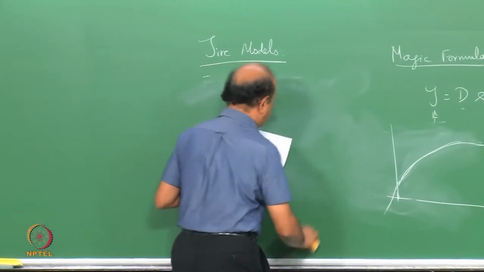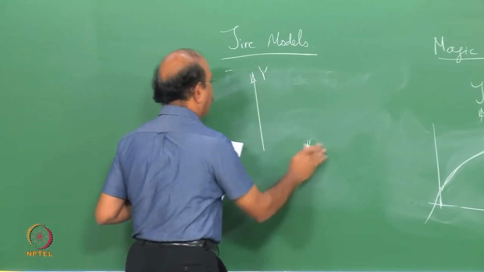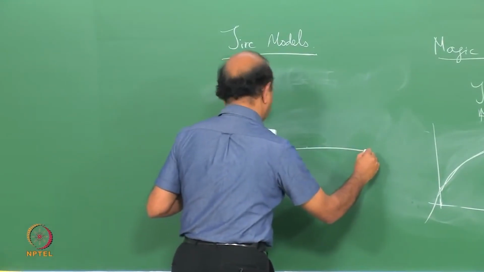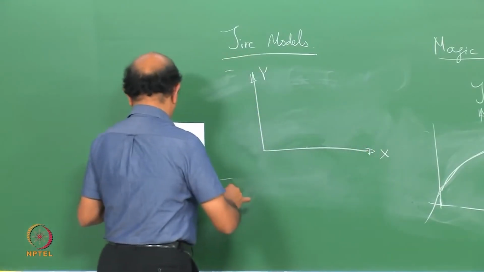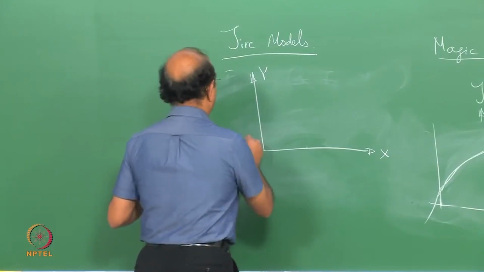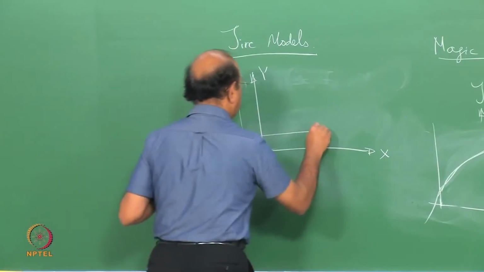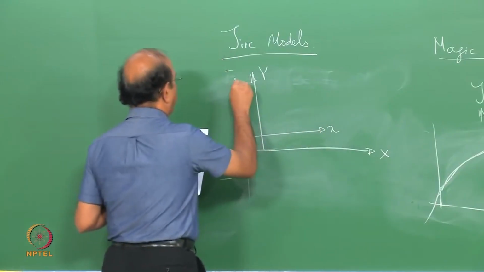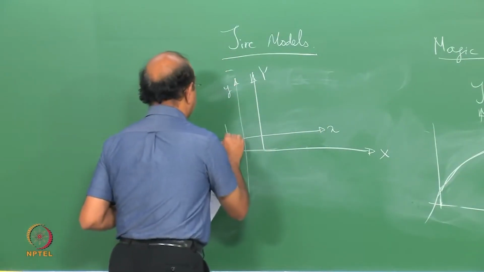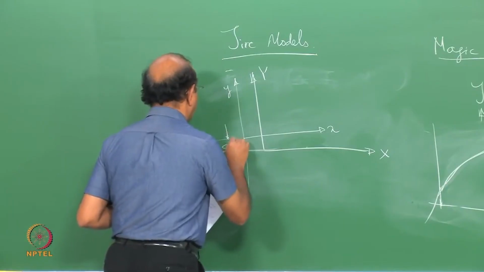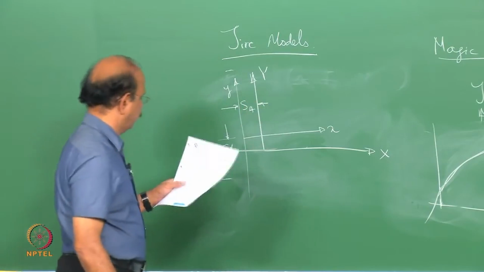So let me redraw that graph very cleanly. Let me call that Y, and let me call that X. Just introduce this small x and small y, and let me call that SV, and that SH.